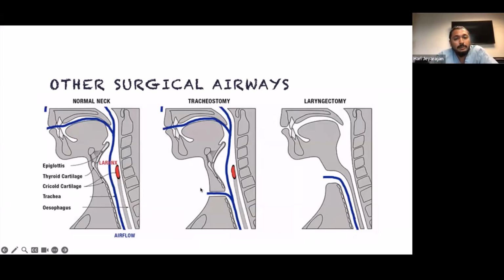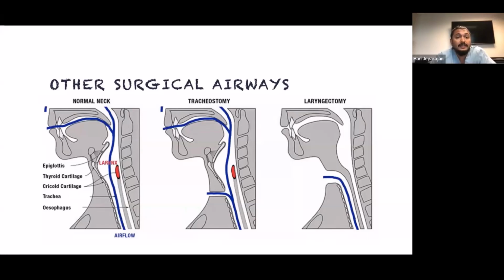A cricothyroidotomy, for what it's worth, is an airway placed between the thyroid cartilage and the cricoid cartilage, through the cricothyroid membrane. This is usually used in an emergency situation. The reason is, like I said, one of the most easily identifiable airway landmarks in an adult is the cricoid.